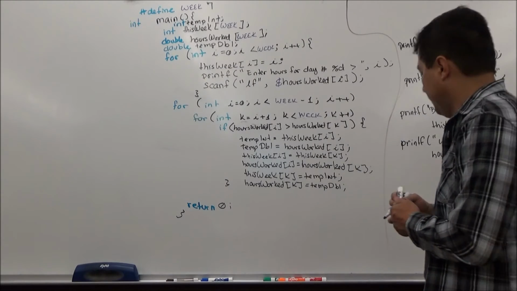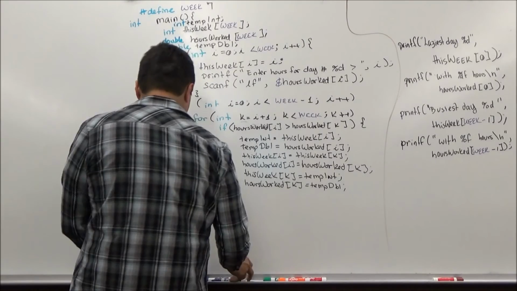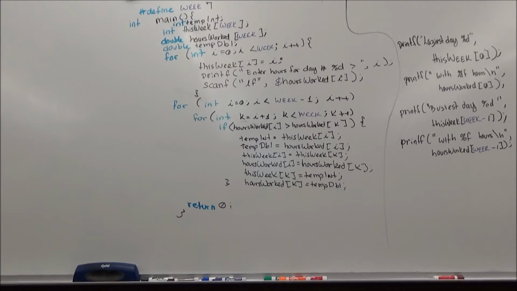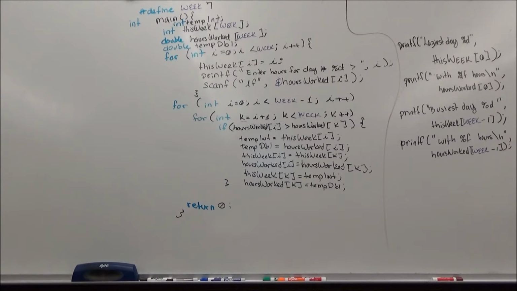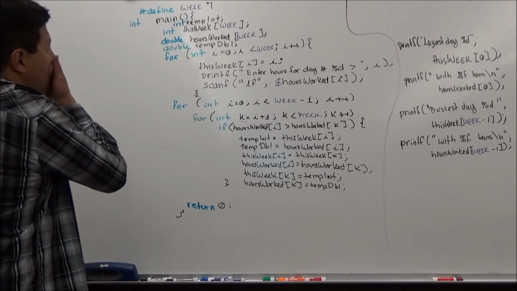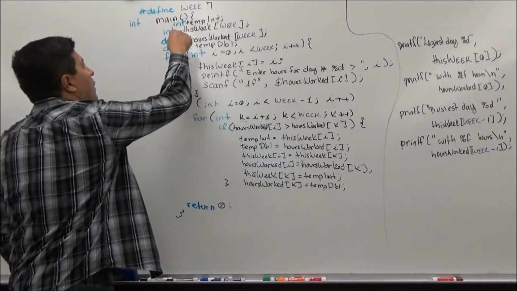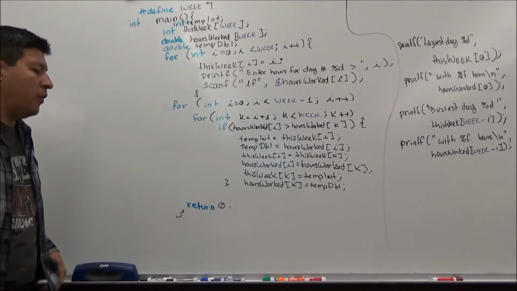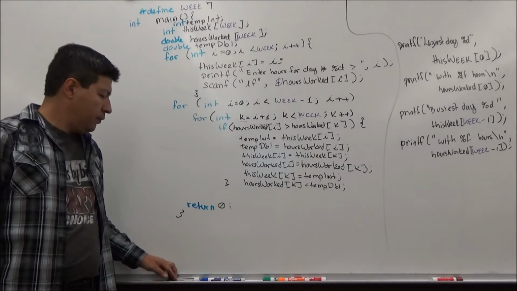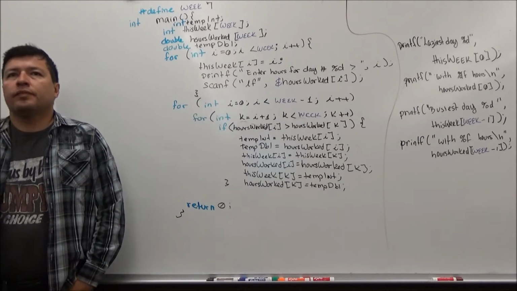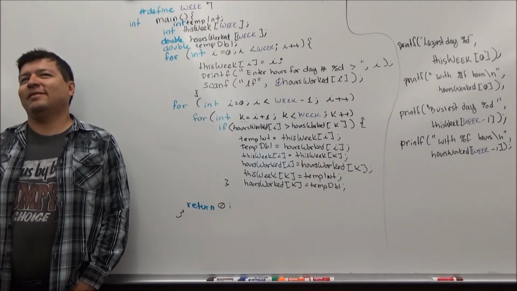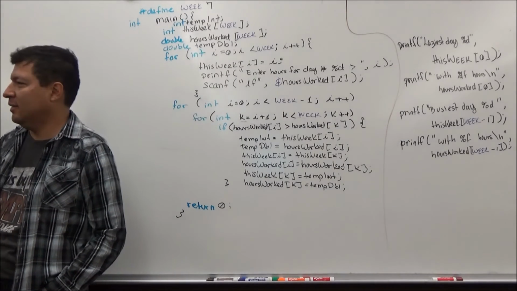There. Okay, barely fits. Alright, so if I sort my double array, I sorted this other array that are correlated. And I think you're ready for a project. Yeah, you are.